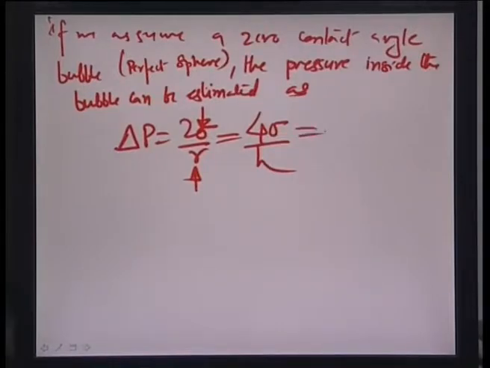So here the surface tension, as we know, is close to 0.072 Newton per meter for water, and the diameter of the bubble is about 28 microns, which gives the pressure difference. So this is essentially the internal pressure of the bubble.